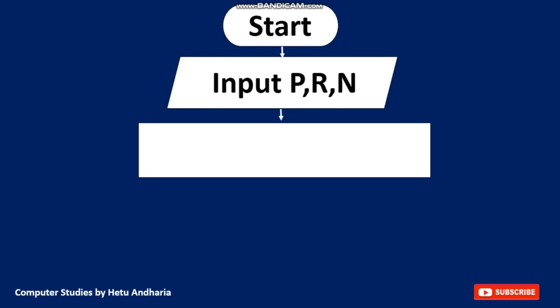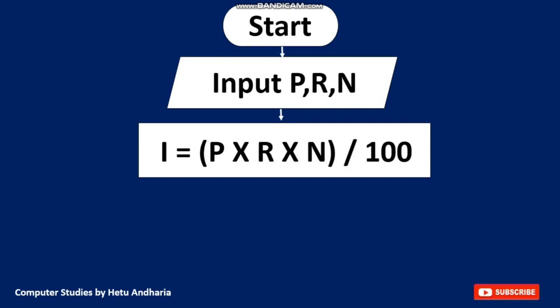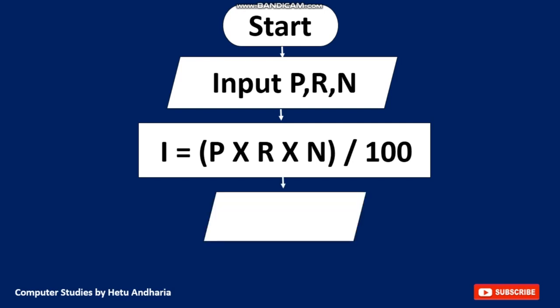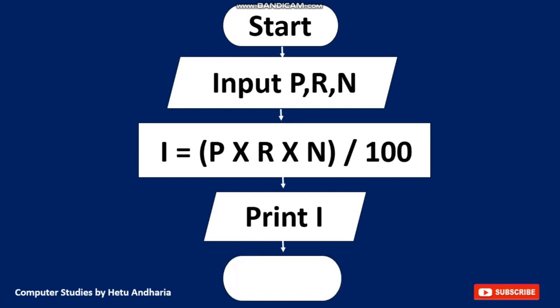Thereafter we will have to perform the process of finding the simple interest. So simple interest I is equal to (P into R into N) upon 100. Now we have got the interest, so we just have to give the output. So we draw again the input output symbol and write here print I, and then the arrow and terminal end, like this.